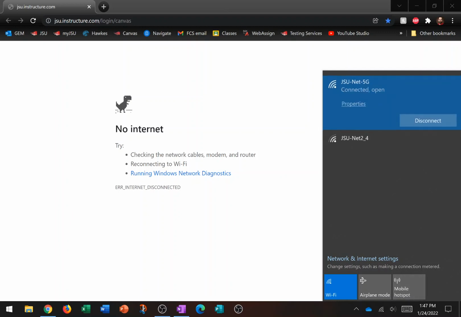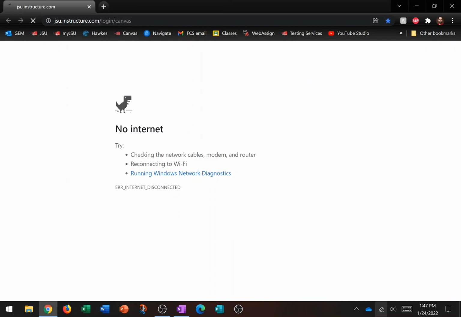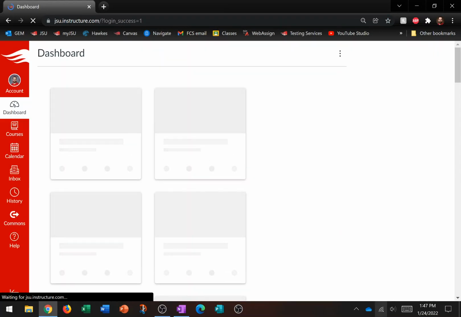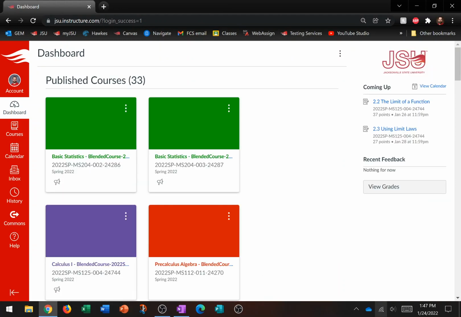If we can get the Wi-Fi to work, we'll look at it. It changes a couple things in Canvas, hopefully for the good.